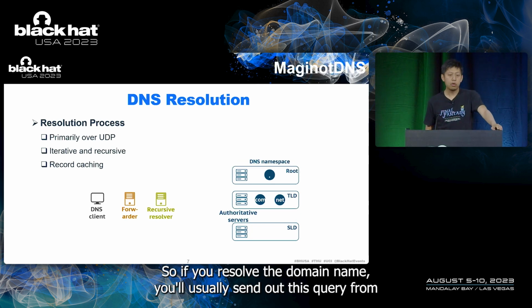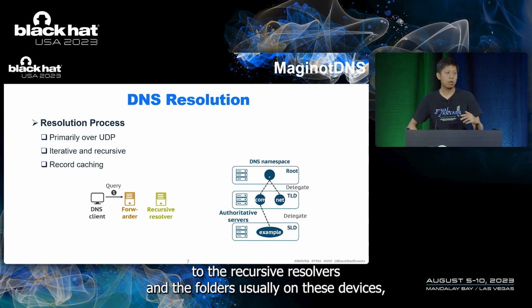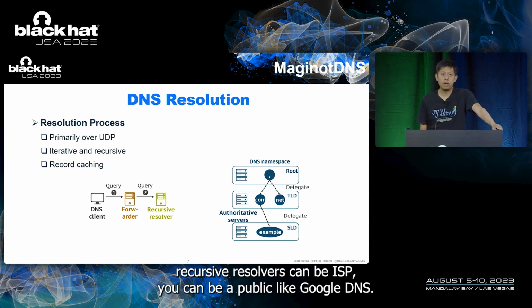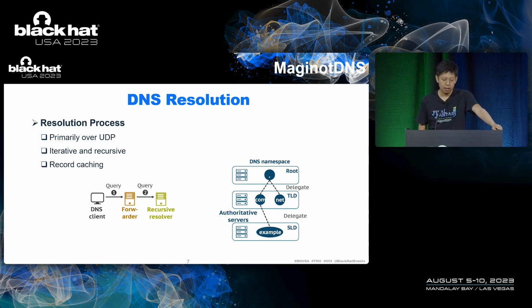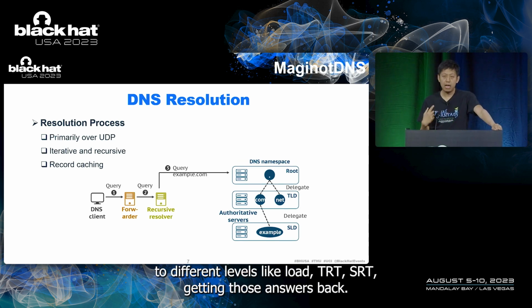Okay, so if you want to resolve a domain name, you usually send out a DNS query from the client, which goes through the forwarders, which usually pass your queries to the recursive resolvers. The forwarders are usually on routers and IoT devices. Recursive resolvers can be ISP resolvers, or public ones like Google DNS. Then they do the iterative processing, talking to different levels like root, TLD, SLD, and getting those answers back.